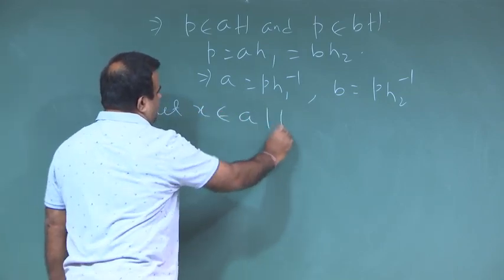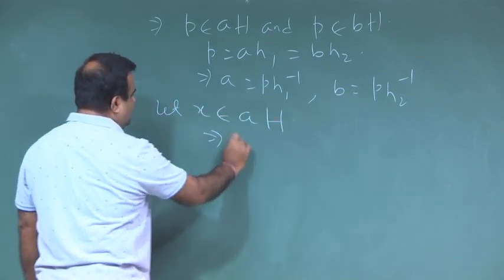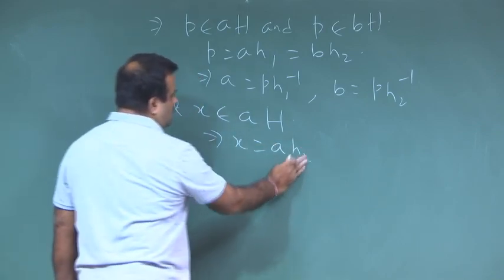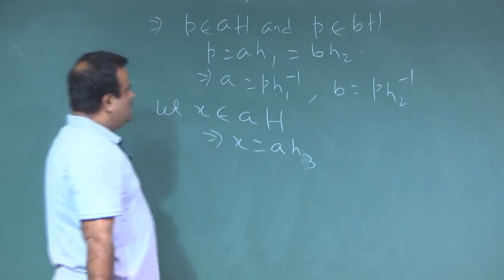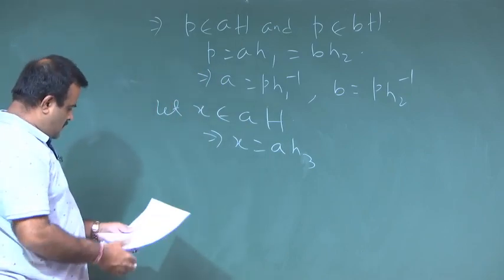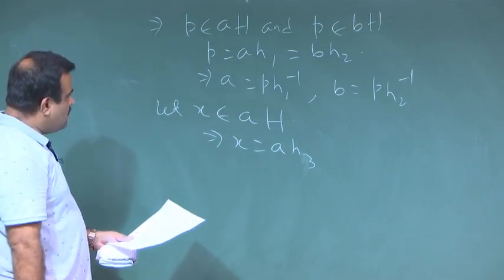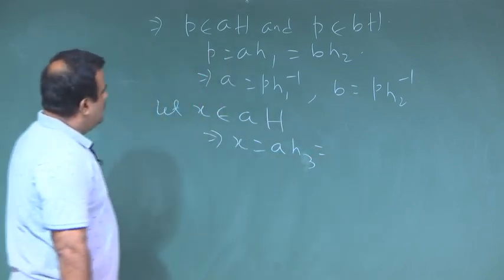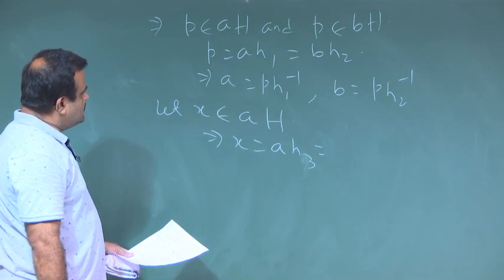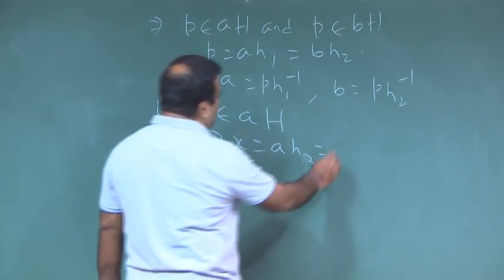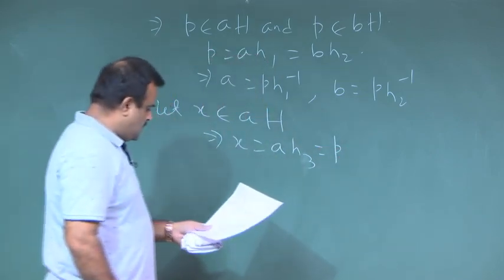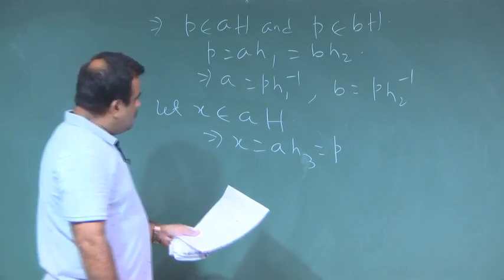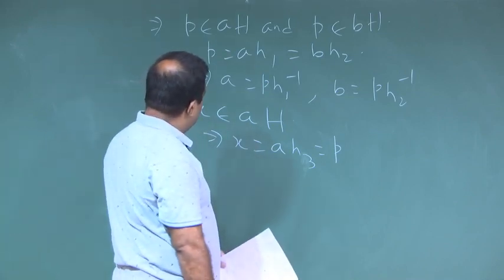x belongs to AH. So, this implies x will be written as some AH2, H2 we have already used. Okay. So, now this is basically, we know A is basically PH1 inverse, so this is basically AH2.